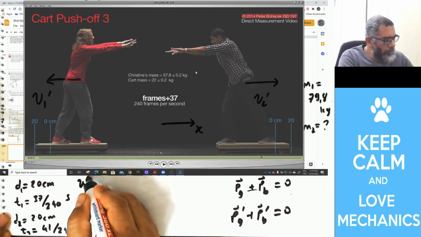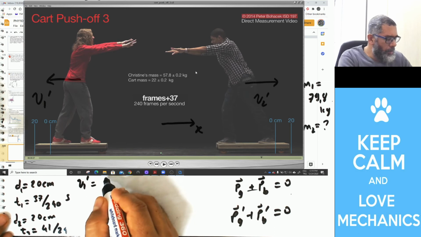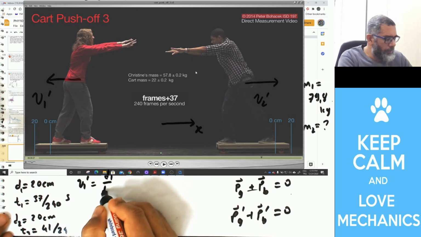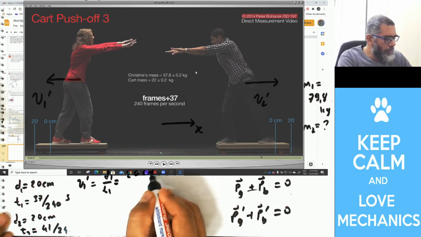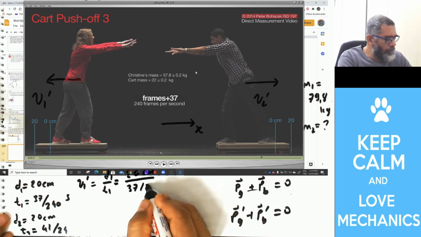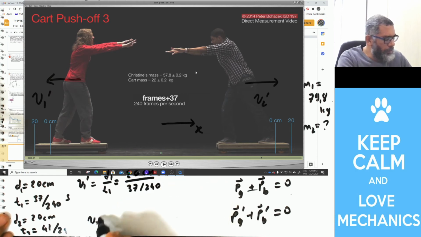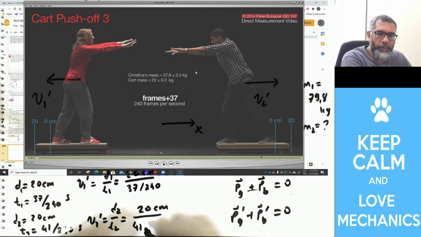The magnitude of v1 prime is just d1 divided by t1, which is 20 centimeters divided by 37 over 240, and v2 prime is d2 divided by t2, which is again 20 centimeters divided by 41 over 240.